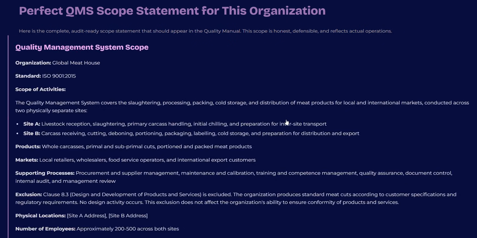Quality management system, organization name: Global Meat House, standard ISO 9001:2015. Scope of activities: the quality management system covers slaughtering, processing, packing, cold storage, and distribution of meat products for local and international markets, conducted across two physically separate sites.